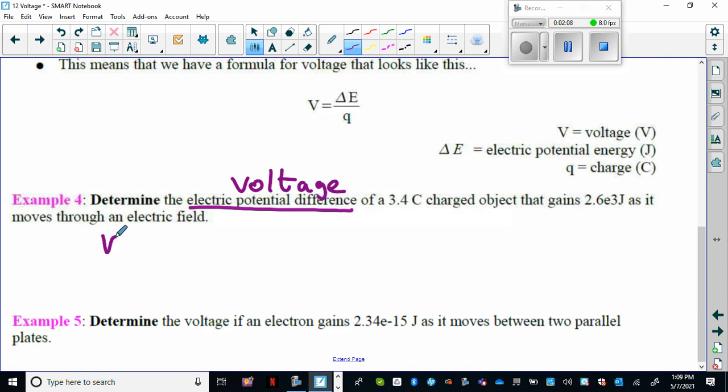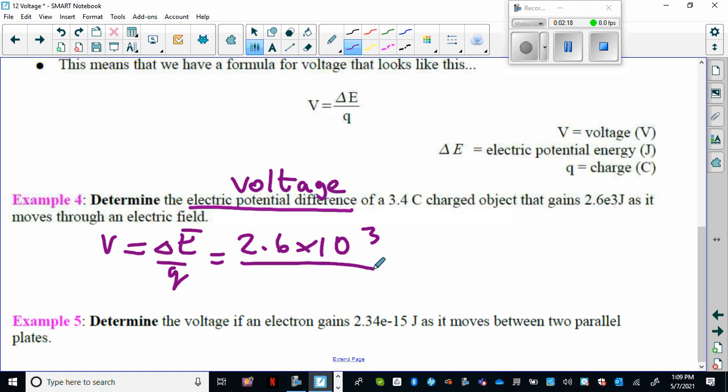So voltage equals delta E over Q. It's simply plugging in the numbers, divided by 3.4, and that's going to give you an answer of 7.6 times 10 to the 2 volts, capital V.